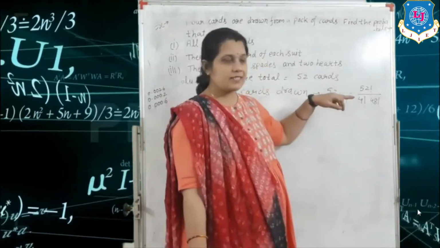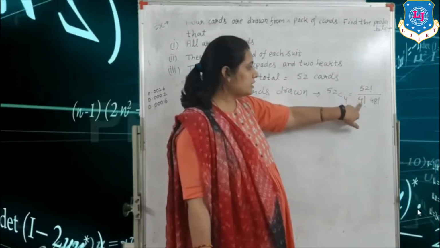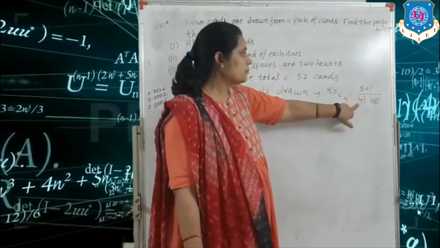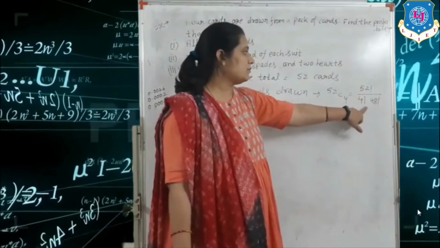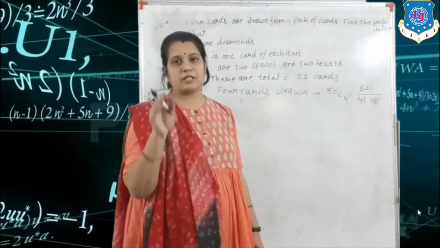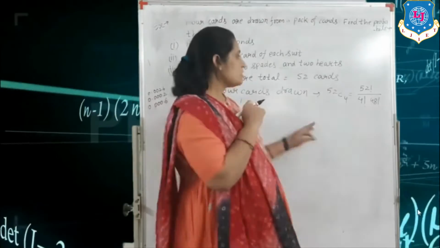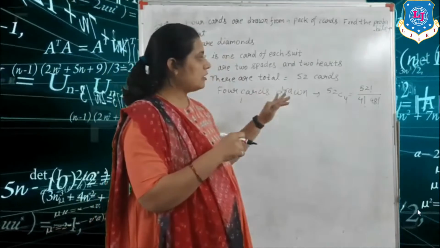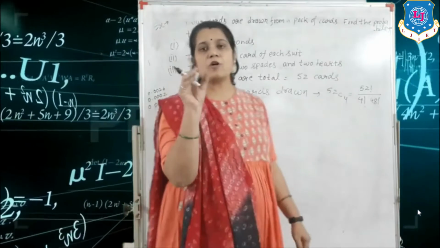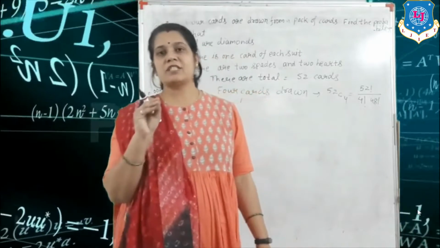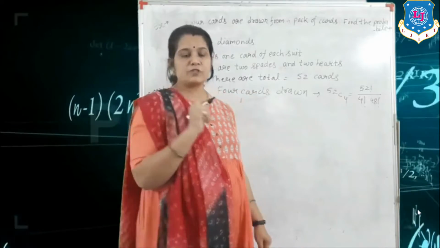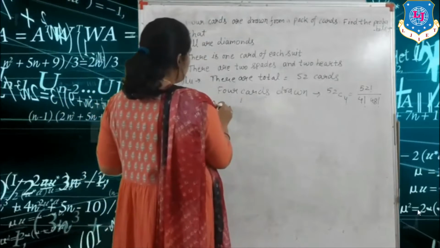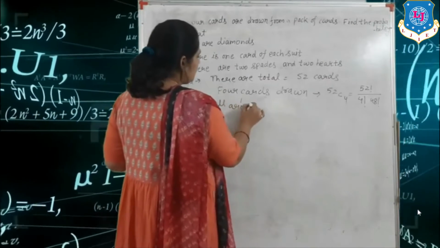The formula of nCr is factorial n divided by factorial r times factorial n minus r. That means factorial 52 divided by factorial 4 times factorial 52 minus 4, that is, factorial 48. So here 52, 4 and 48, and after that you solve this term. So the total possible outcomes is 52C4. Okay, so first, number 1 is all are diamonds.